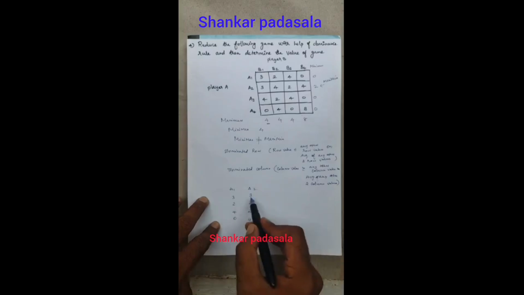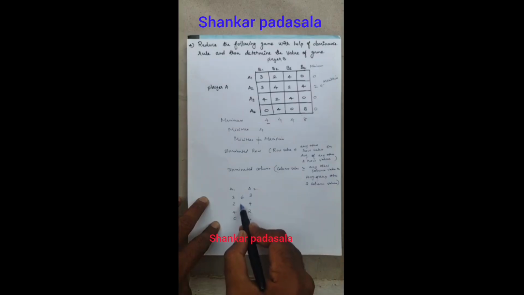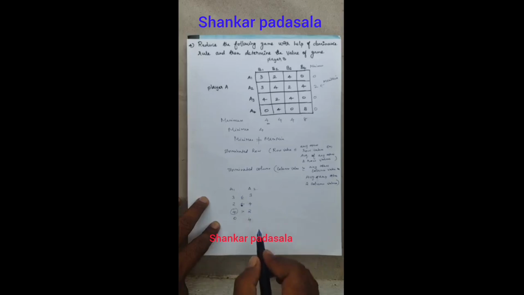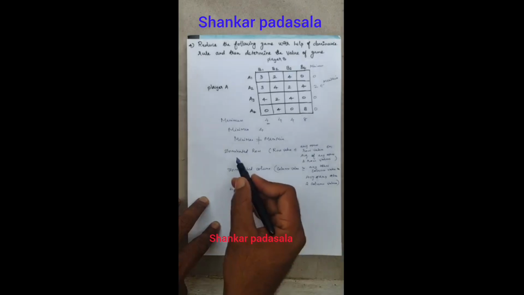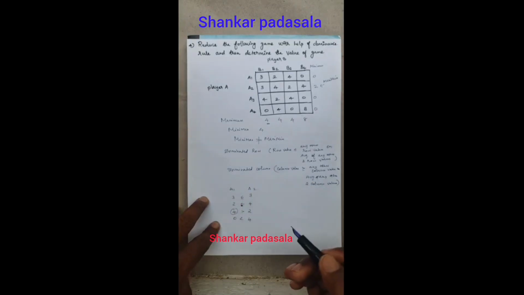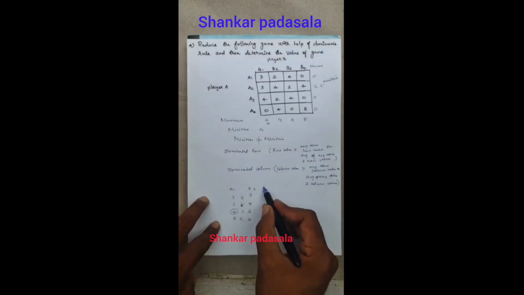Here 3 is lesser than or equal to 3, 2 is lesser than 4, but 4 is not lesser than 2, it is greater. Whenever greater than and lesser than are interchanged, we cannot apply the dominance rule. So we are going to check A1 with A3.